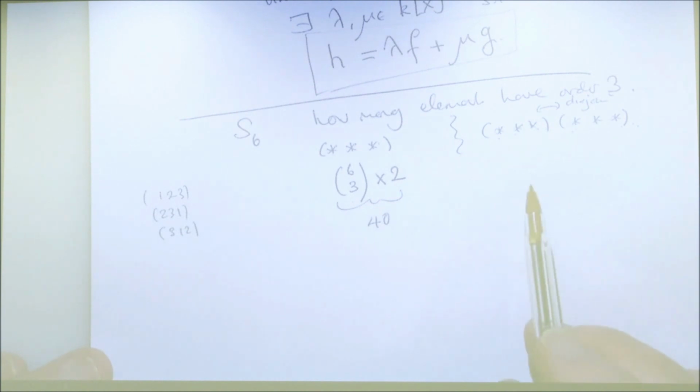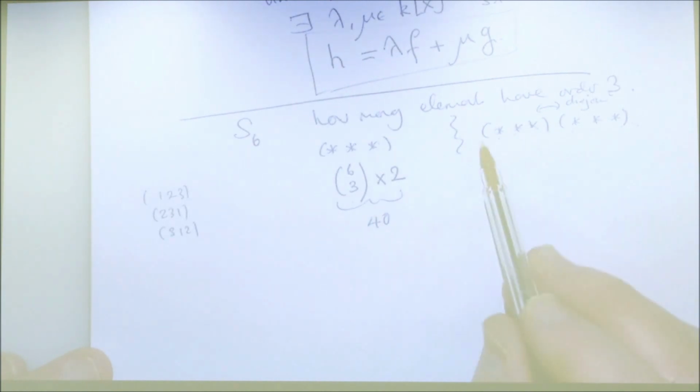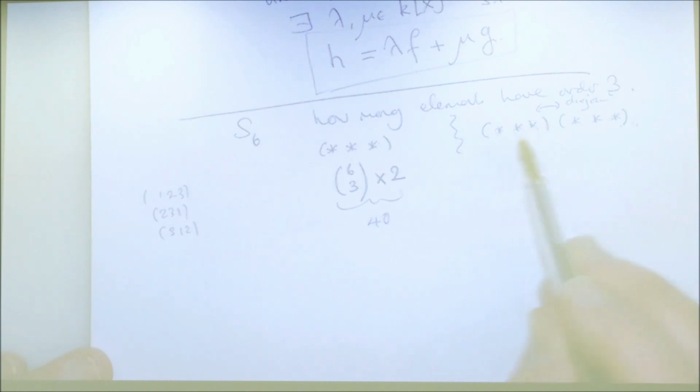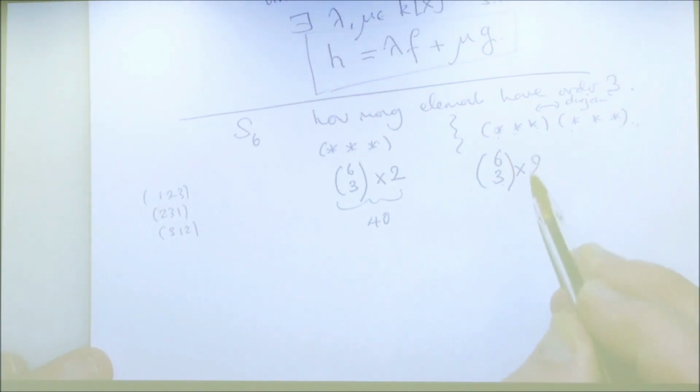Now, the next one's slightly fiddlier. So let's look at this first 3 cycle. I could choose the 3 elements to go there in 6 choose 3 ways, and then by the same argument as before, those three numbers will give rise to 6 choose 3 times 2 permutations.